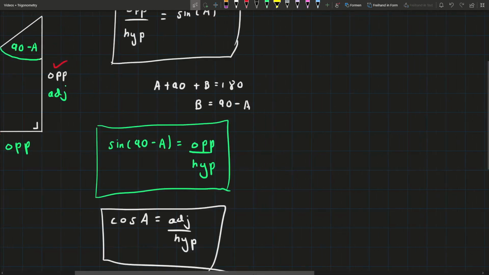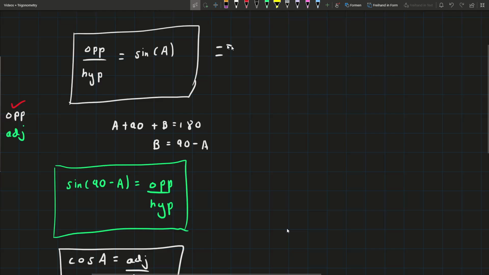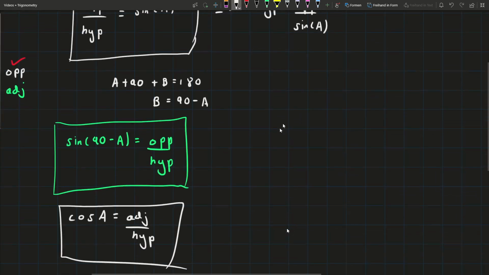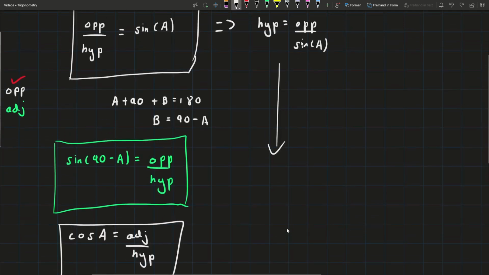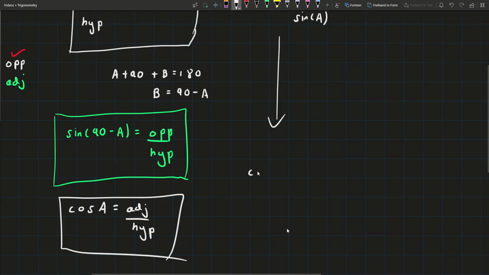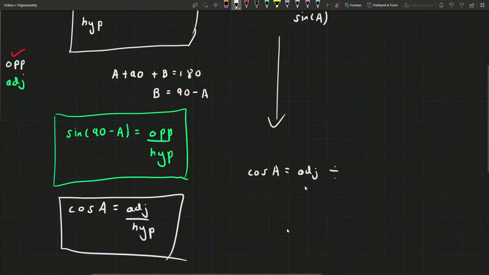I think as somebody who's done maths in school, you'll probably be more used to doing some kind of simultaneous equation. So if I solve for hype here, we can see that the hypotenuse is the opposite side over sine of A. Okay, and what we can do now is bring it down here, and replace this hype with opposite over sine A. So you have cos A equals adjacent over, and this is kind of confusing, so instead of saying over, I'm going to say divided by, just to make it easier.